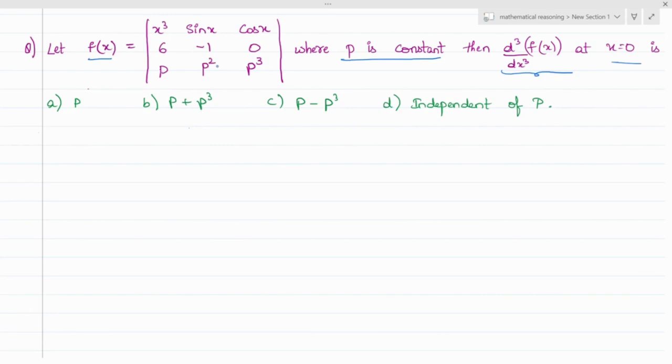So basically here, if we do the first derivative, d/dx of f(x) is nothing but first do the differentiation of the first row and the remaining two rows will be as they are. So the differentiation of x cube is 3x square. The differentiation of sin x is cos x. And the differentiation of cos x is minus sin x. And the remaining two rows remain as they are.